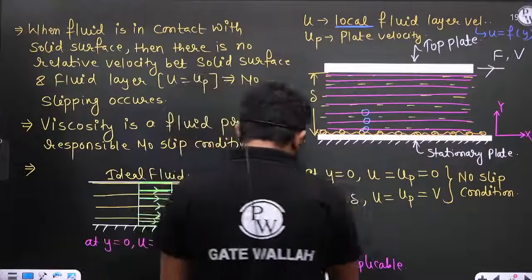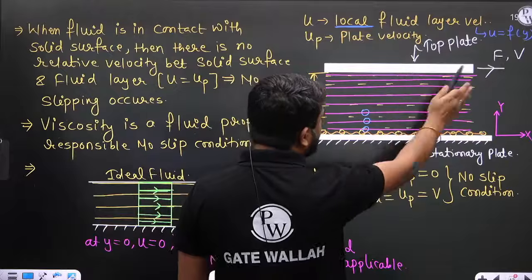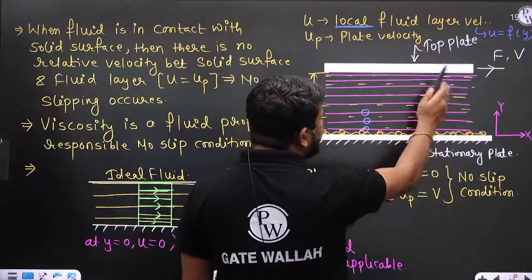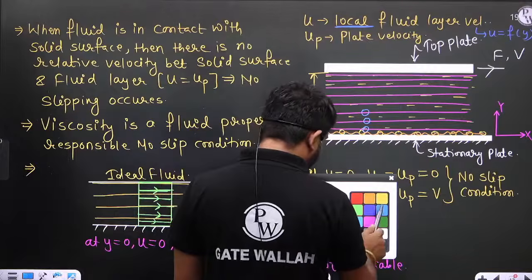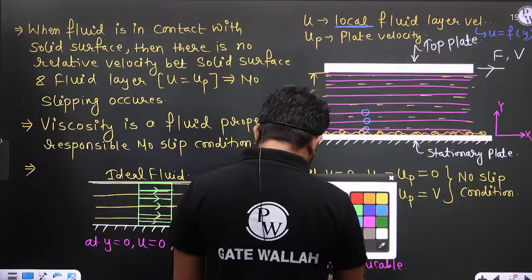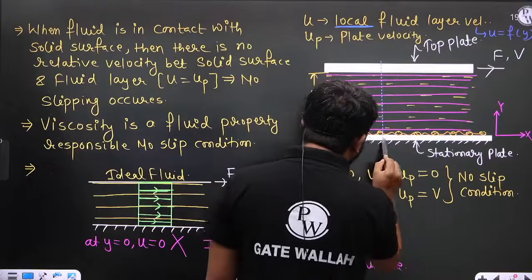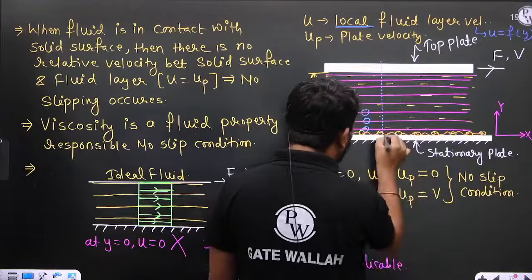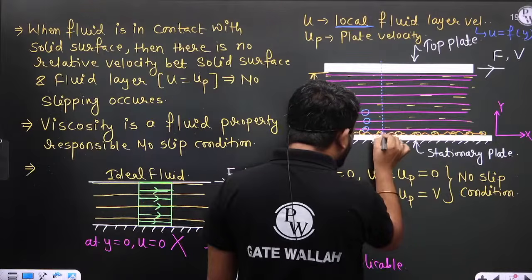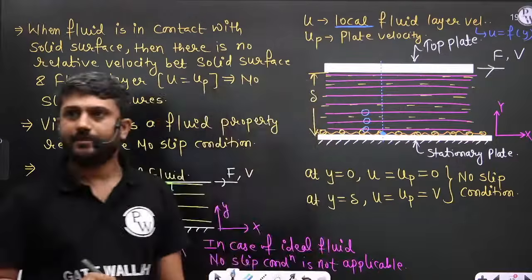Now come to our analysis. So in our case, the fluid is real, right? Now see, if I'm talking about this particular section, and if I ask you what is the velocity of the fluid layer at y is equal to 0, that is 0, right?